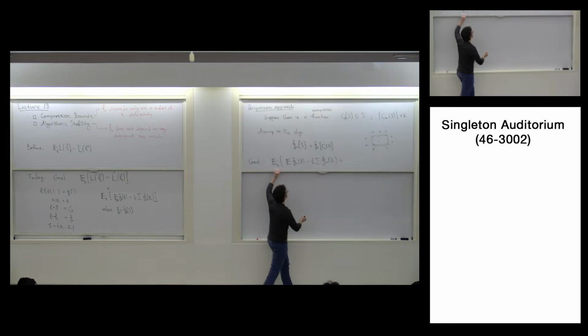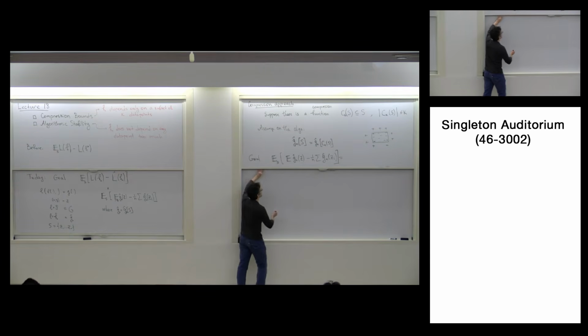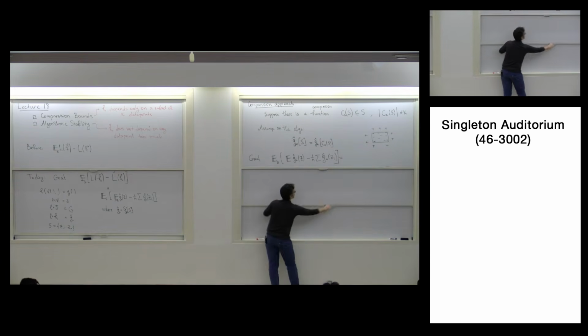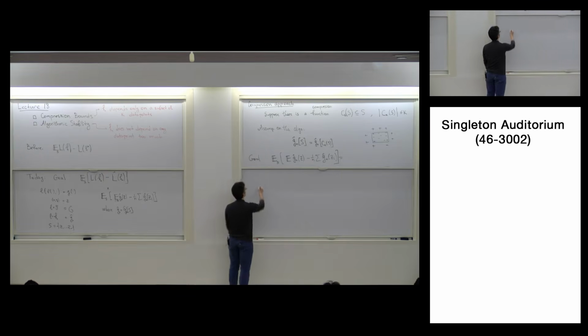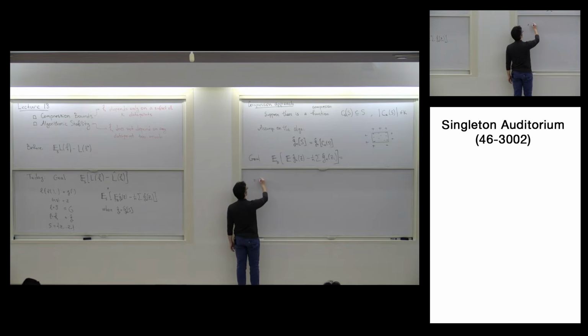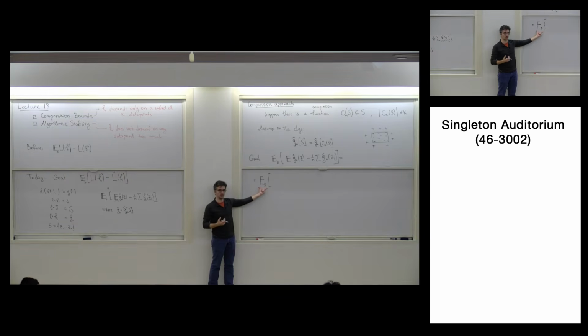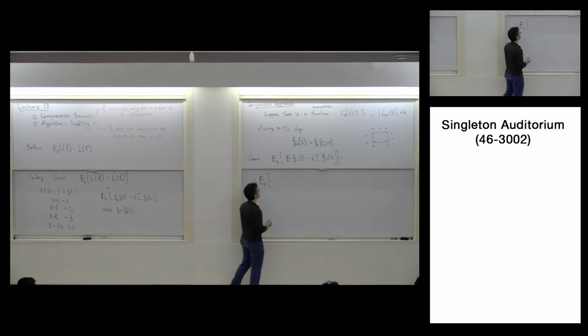So let's continue. So, expectation over S. Again, I think it might be more interesting actually to consider high probability instead of expectation over S. So you can modify whatever I'm going to say to hold with high probability instead of in expectation.